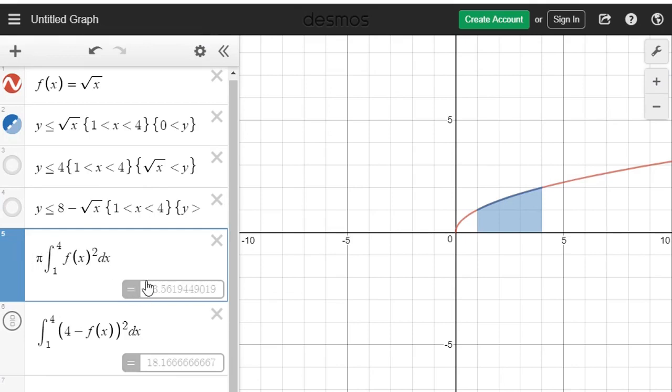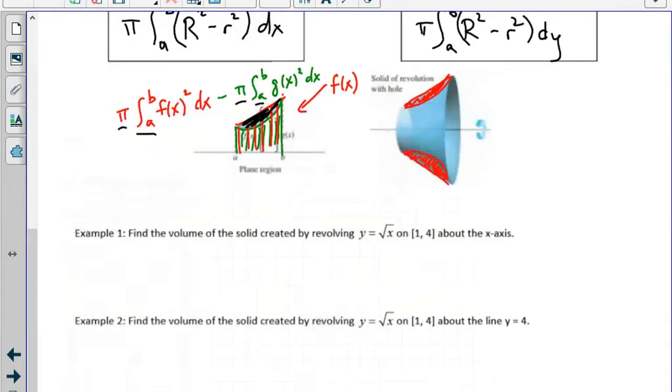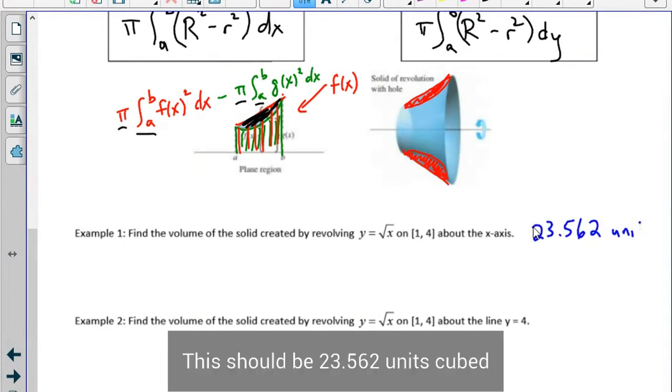So 23.562 is the answer to number 1. And that's because if I take pi times the integral from a to b, a is 1 and b is 4 in this problem.